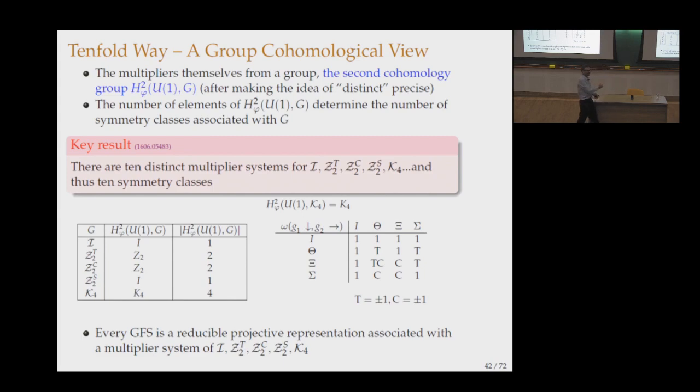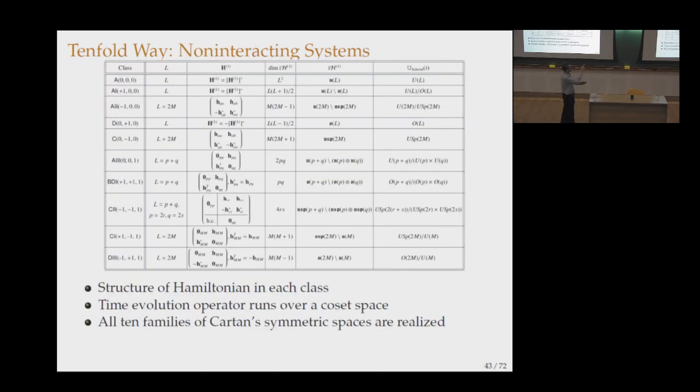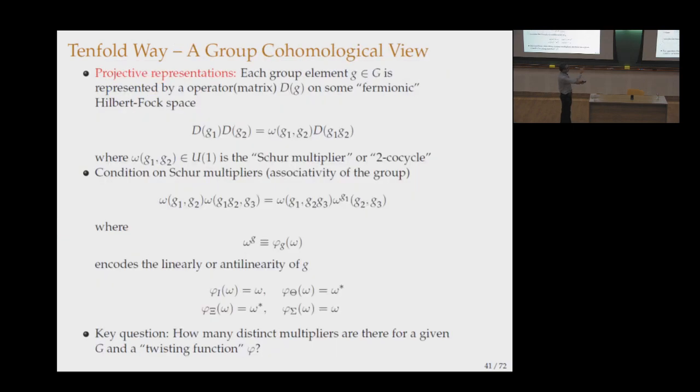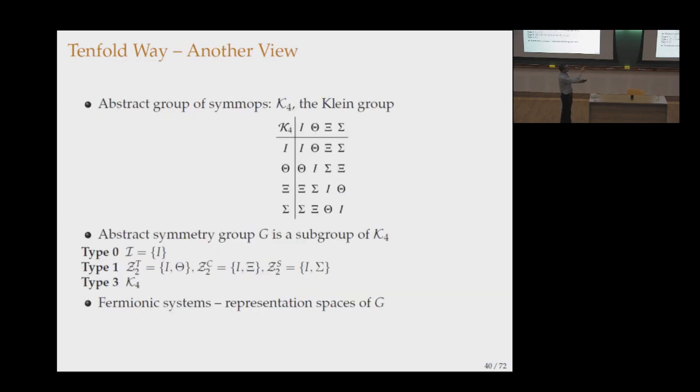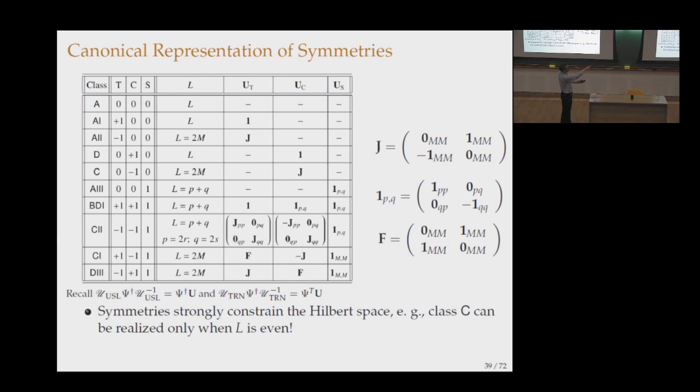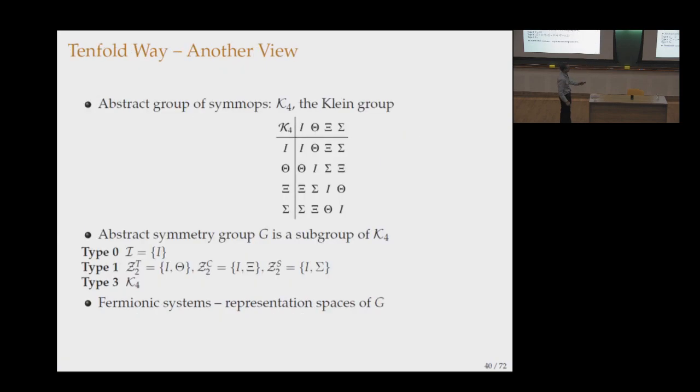So now you see that fermions are actually representations of the Klein group. They had to be there because the Klein group is so beautiful. Something had to realize this. Based on this, you can get all of that information, the ones that I showed you, using these multiplier systems. You can get back all these canonical representations and so on.